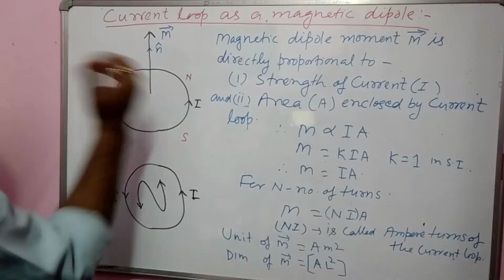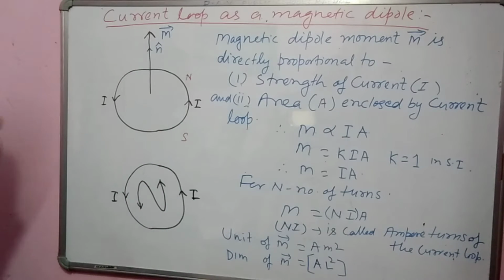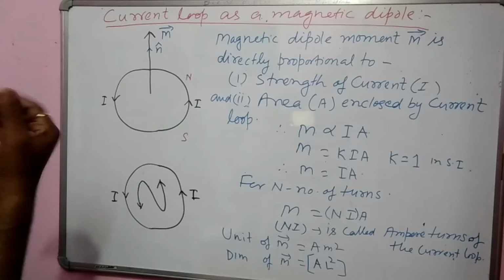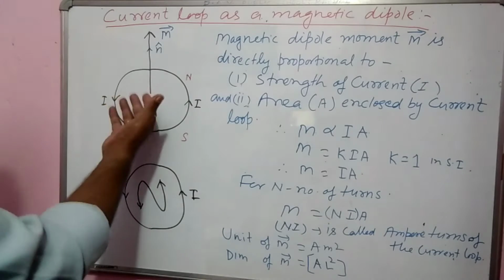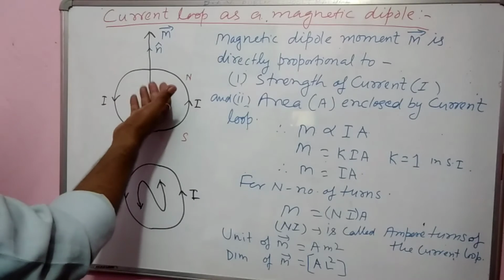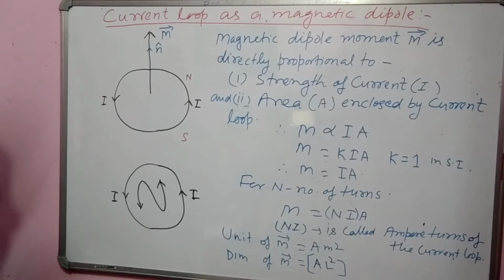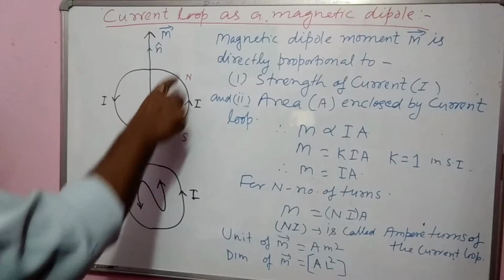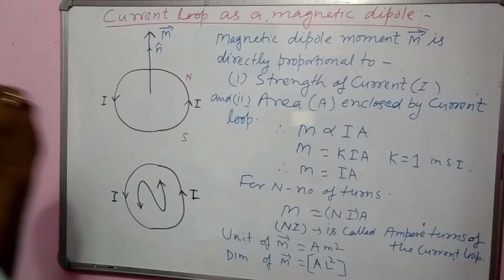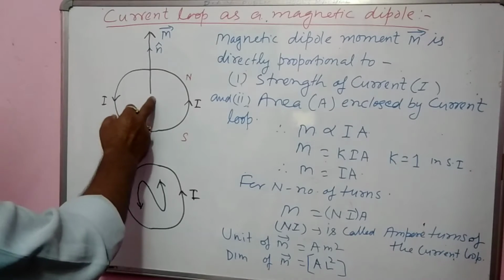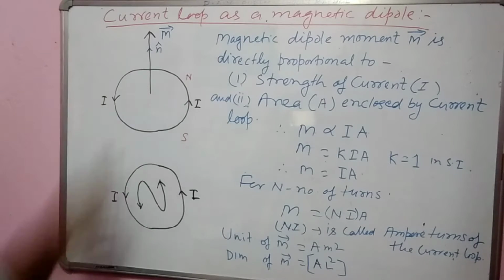So we can say the magnetic field lines are emanating, and as we know that field lines emanate from north pole. So this will be north pole, and the lower side will be south pole. And as there are magnetic dipoles, there will be dipole moment, and dipole moment will be along the perpendicular to the plane of this loop.